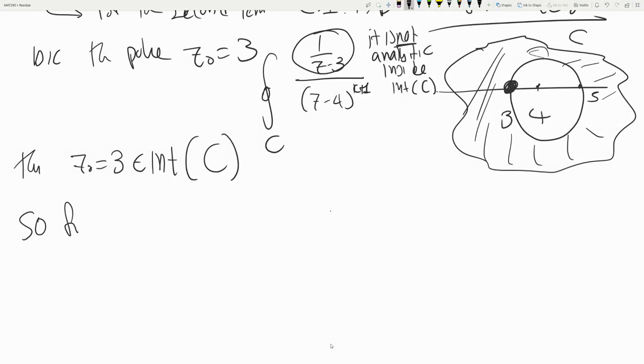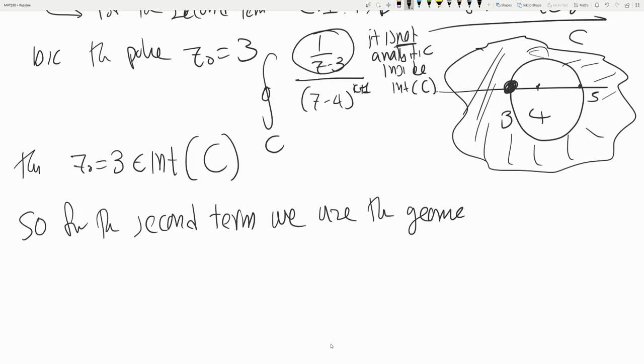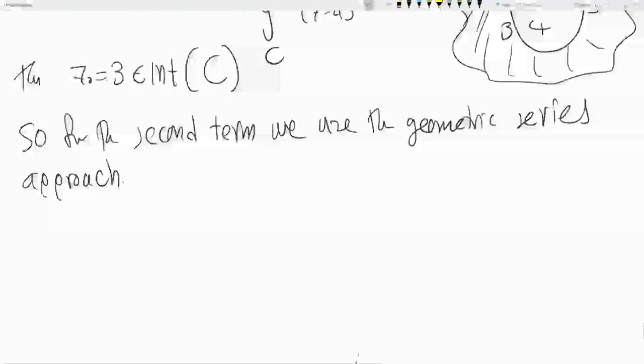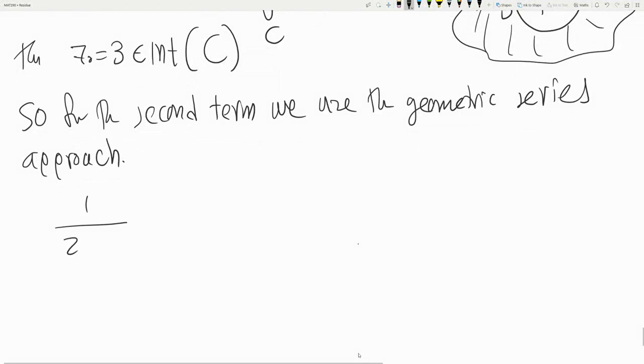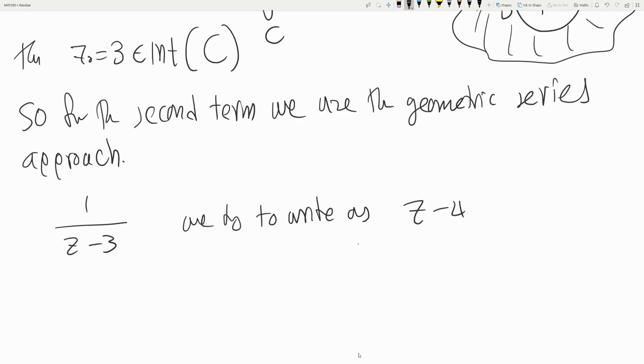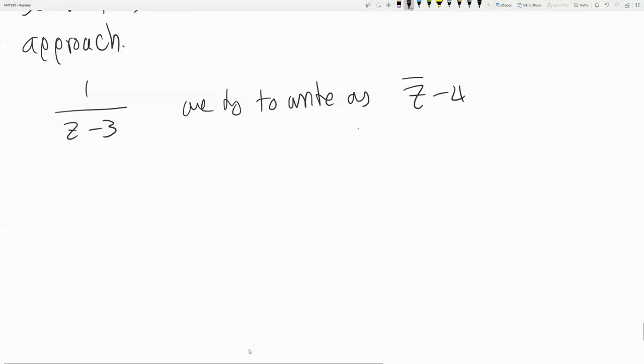So for the second term, we use the geometric series approach. Okay, what does that mean? It means that we start with this z-3 and we try to write it as an expression of z-4.